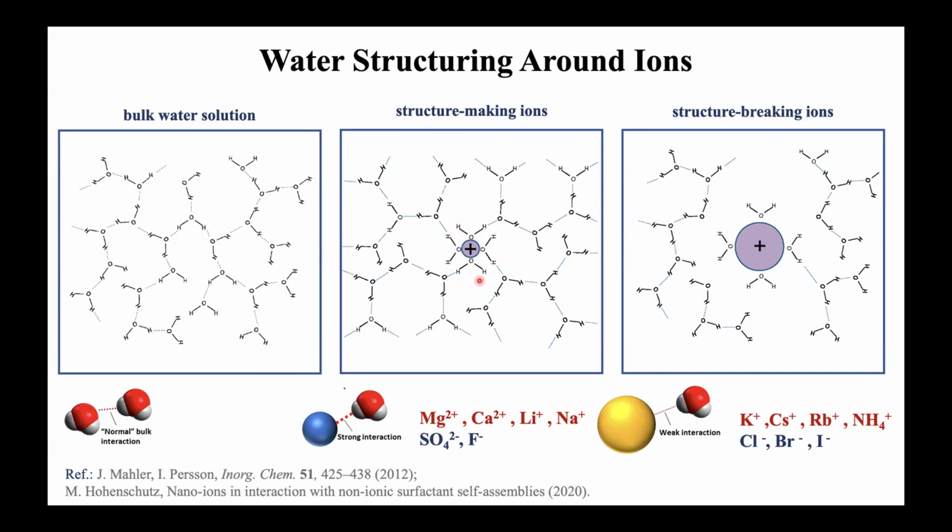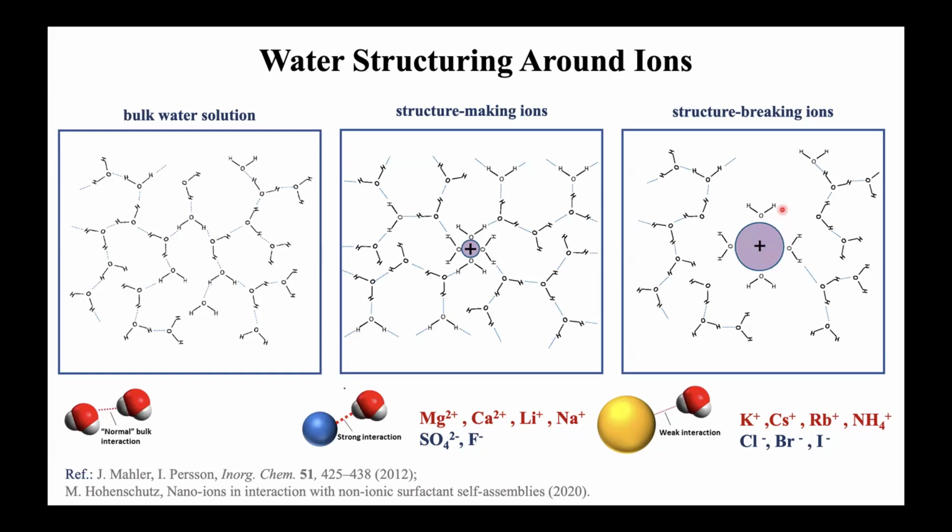The structure-making ions, such as lithium, sodium, or magnesium, have more ordered water molecules in their hydration shell compared to the bulk water. Typically, these ions interact with the DNA indirectly through the water molecules in their hydration shells, since dehydration is an energetically costly process.